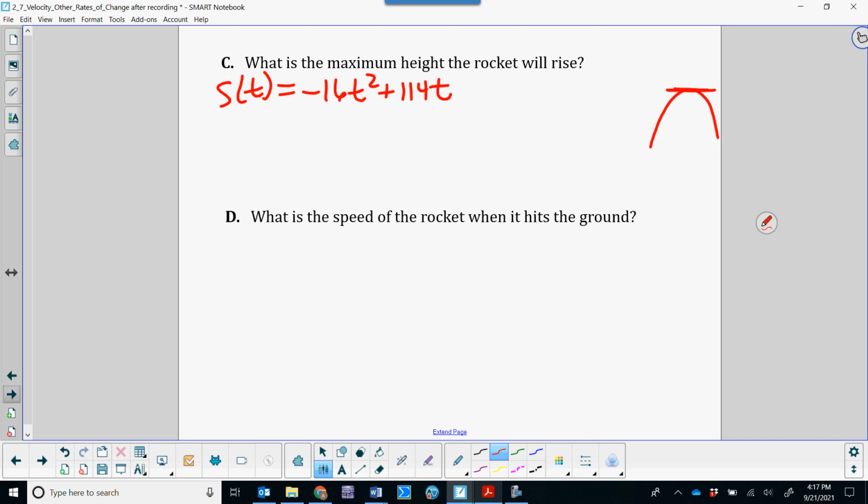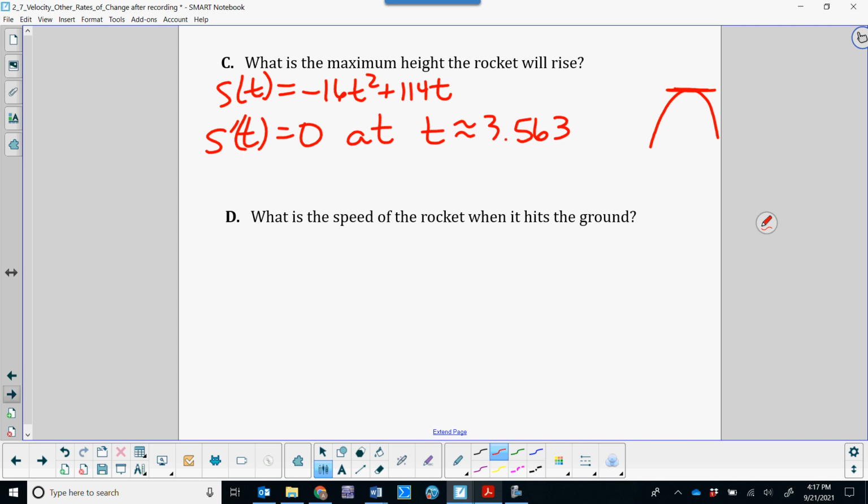So basically what you're going to do is say that we want to find when s prime of t equals 0, and then it's a calculator question, remember? So you just have to say s prime of t equals 0 at t is approximately 3.563, because that's what you get in the calculator.